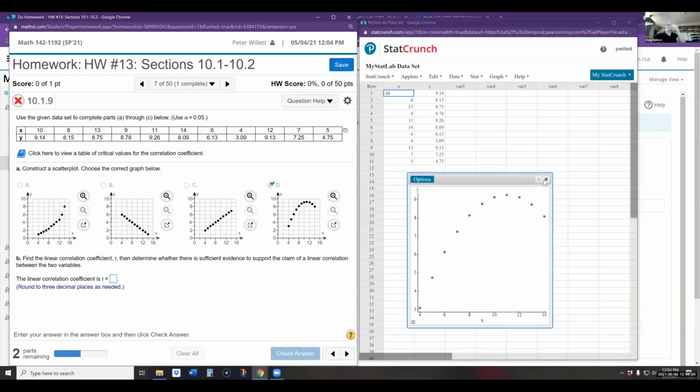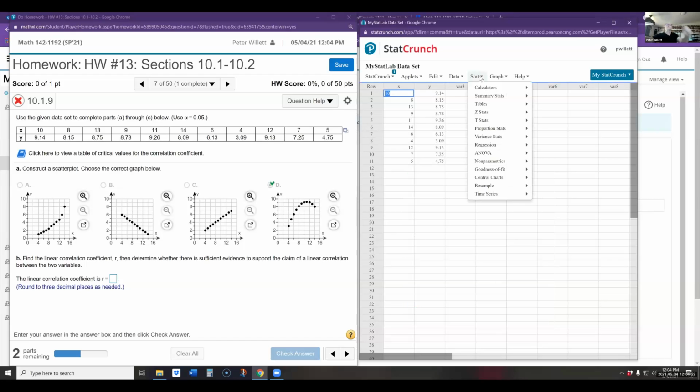So how do I do the r then? Let me just close up this graph. So we're going to go to Stat. And when we're doing r distributions, we had other distributions before, we go to Regression. Simple Linear. So linear correlation coefficient means you're going to do a simple linear regression. So it's under the Regression tab and you get Simple Linear.